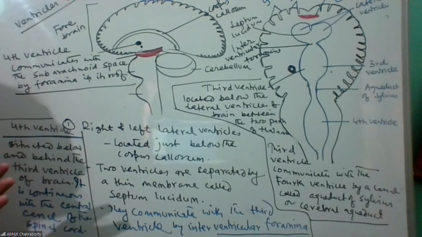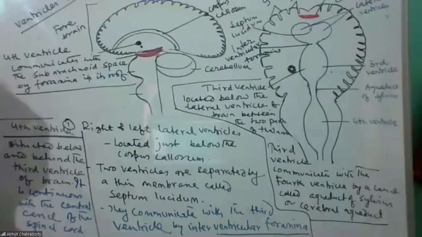Three apertures are there by which the fourth ventricle can communicate with the subarachnoid space. CSF enters the subarachnoid space through this foramina. Remember this thing.